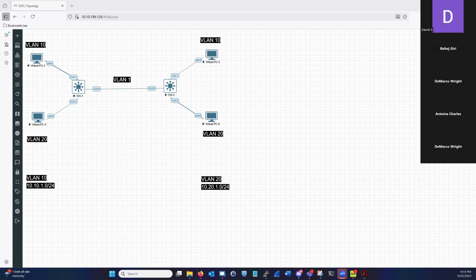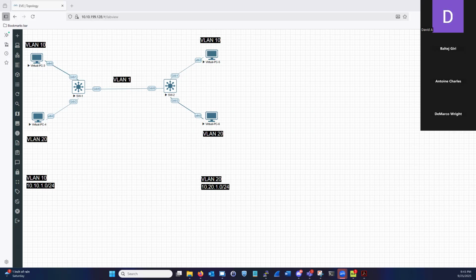If frames are ingressing into a switch port off of a switch, and that switch port is in a specific VLAN, is the switch tagging that traffic for VLAN 10? Yes. Okay.